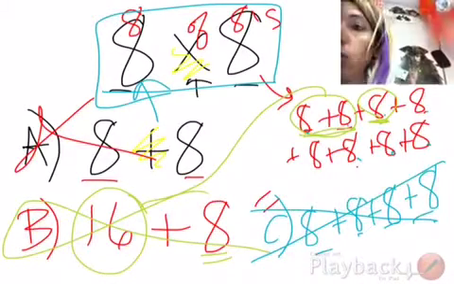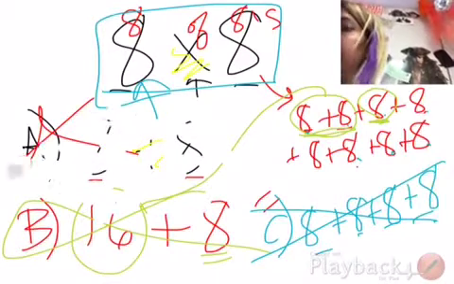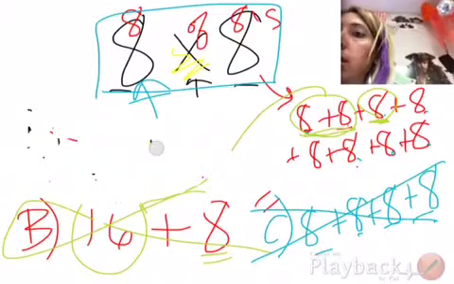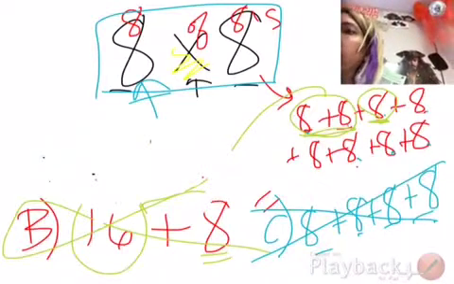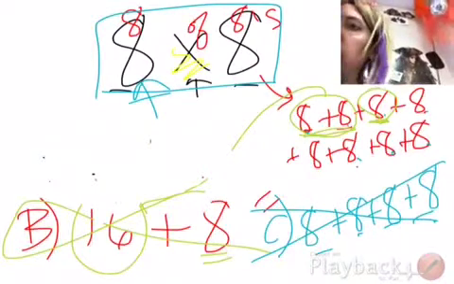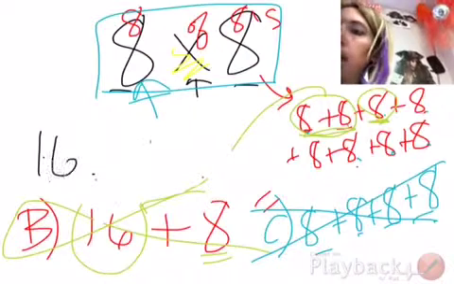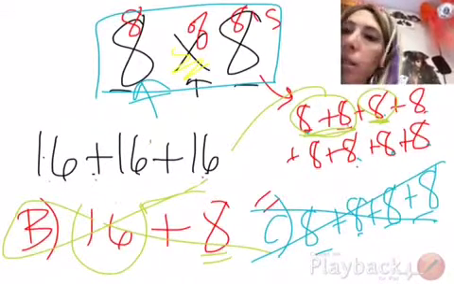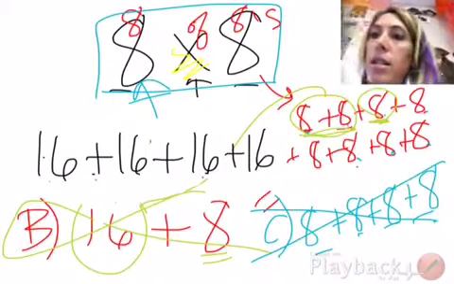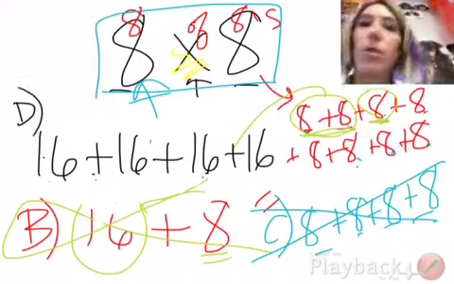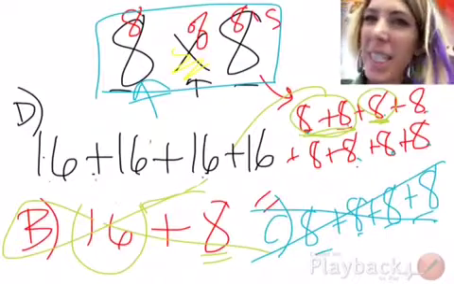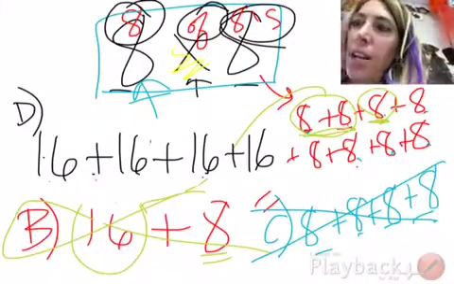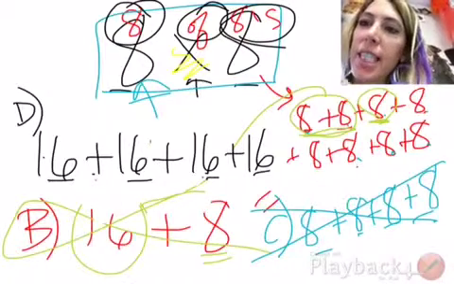But let me show you what answer choice D looks like, and we need to prove that it actually is that. So answer choice D looks like 16 plus 16 plus 16 plus 16. That's what answer choice D is, and supposedly that's the answer. What? But this is supposed to be 8 of the 8s, and here we have 4 16s.